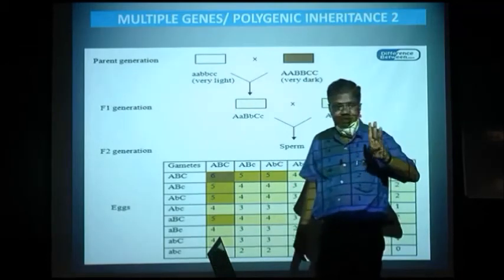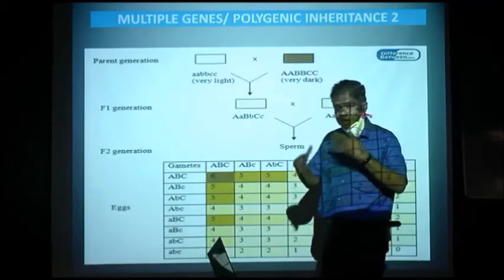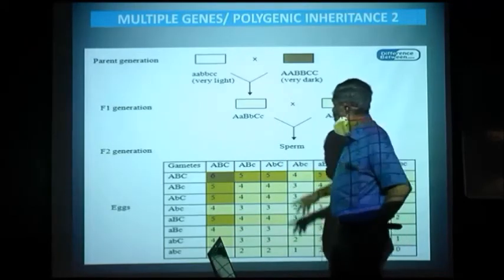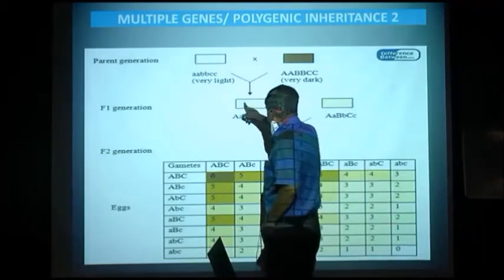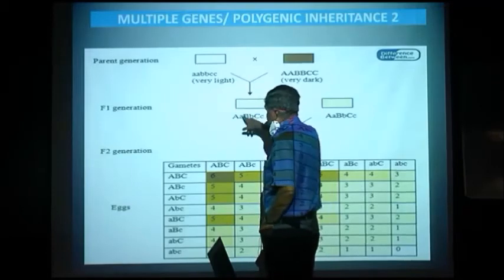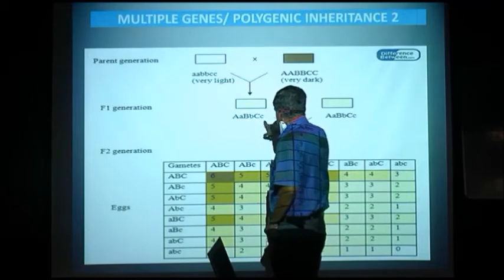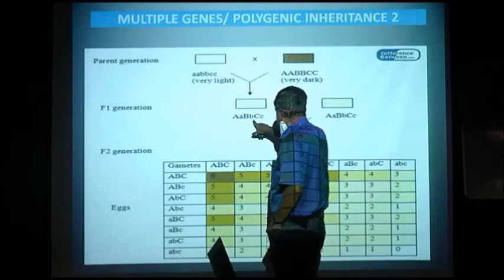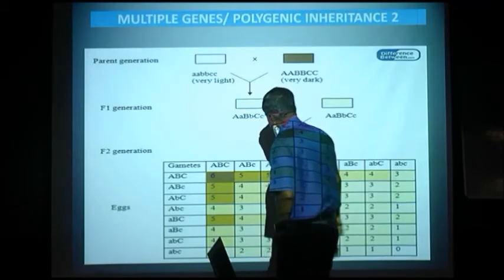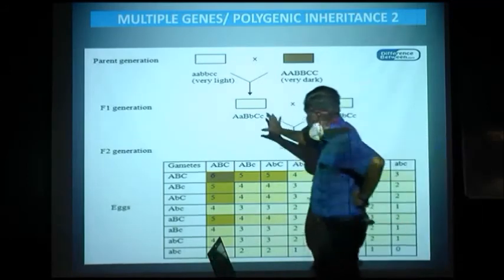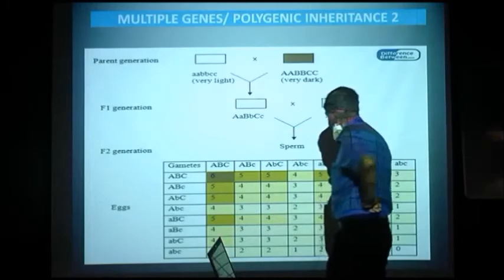But 3 is not the real condition, it may be many. We are taking 3 for convenience. Now, in the F1 hybrid, we get capital A, capital B, capital C, small c. So, this is the hybrid condition of the F1 generation.